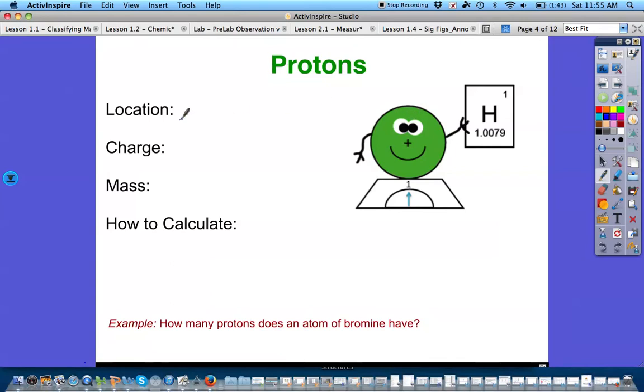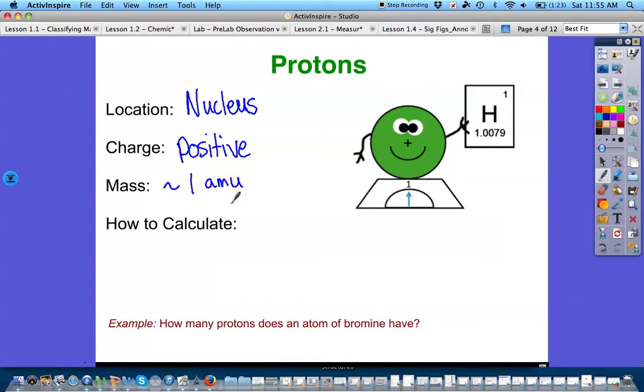A proton: the location of a proton is in the nucleus. The charge of protons is positive. And the mass is approximately 1 AMU.